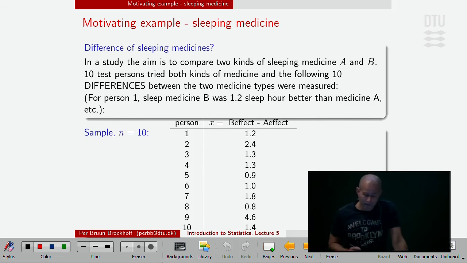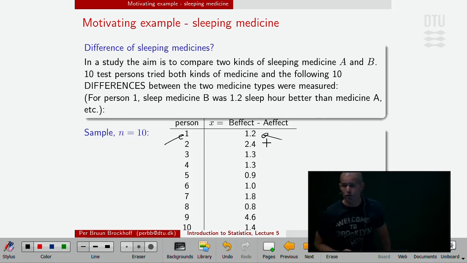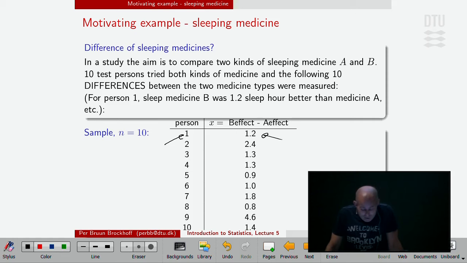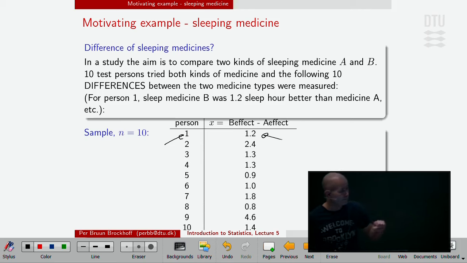So we can have person 1 try both A and B, and as it appeared, and that's how we should interpret these numbers, the B drug gave person 1 1.2 hours more sleep than the A drug, right? So B is better than A for that person. That's how we should interpret the number here. Also for person 2, 3, all of them actually, we saw an improvement of B relative to A.